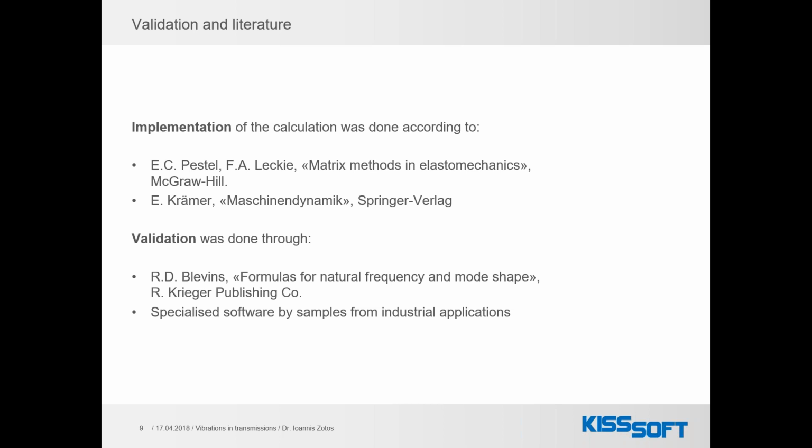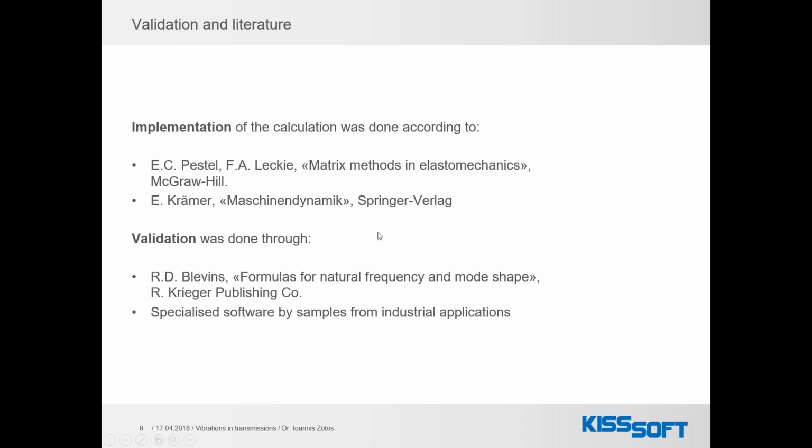And then, as it's always the case with the development of dynamic analysis software, we were based on other specialized software, based on samples from industrial applications, so more complex and more realistic examples. It's always the case that when developing vibration analysis software, not much experimental data are available. So most of the time, everybody is trying to validate his results compared to other specialized software.